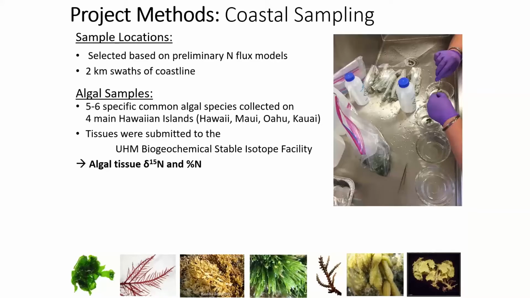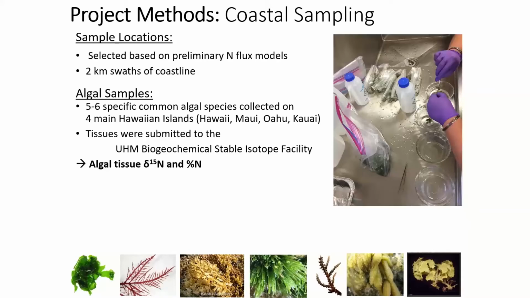We submitted the tissues to the UHM Biogeochemical Stable Isotope Facility. From that facility, we got 2 major parameters of interest: the delta 15N value, which you've heard a fair amount about by now, and the percent nitrogen in those tissues. Just to clarify, the delta 15N value gives you an idea of the source of that nitrogen, but not the amount.